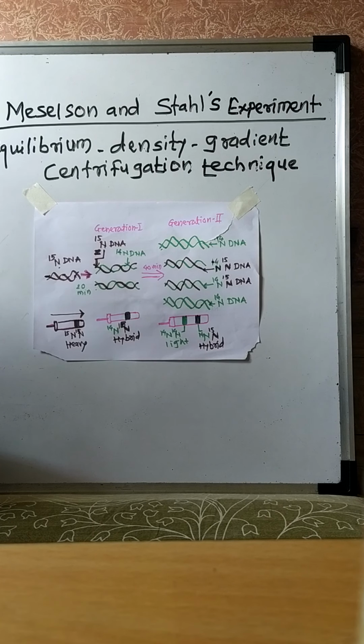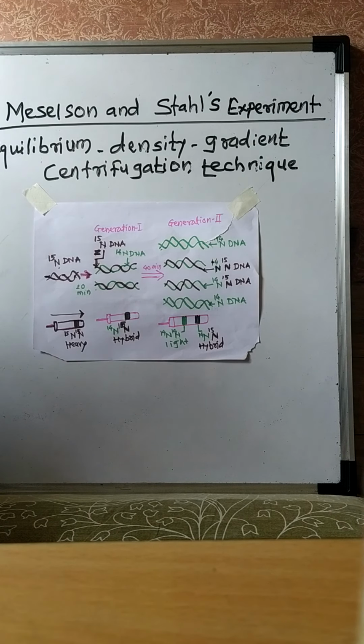Then they allowed these E. coli bacteria to replicate for several generations in that medium. At the equilibrium point, a density gradient band was obtained using 6 molar CsCl, and the position of the band here was also recorded.